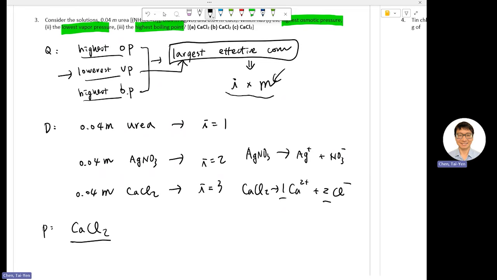It's because of the two chlorides. The total number of charged species is your van't Hoff coefficient. It is not a charge itself; it is a coefficient in terms of your charged species. If you're adding up, that's your van't Hoff coefficient.